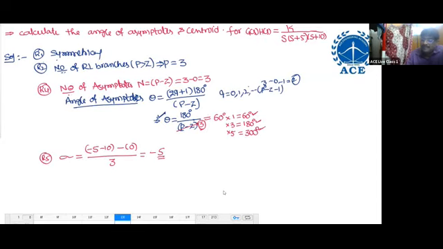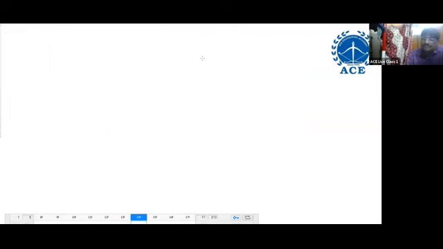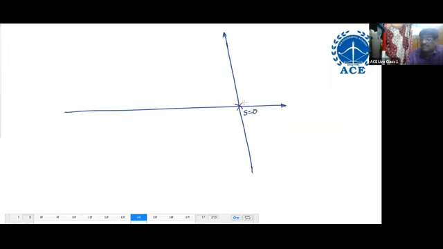Draw the root locus diagram. One pole is at the origin, S equal to 0, where K equals 0.